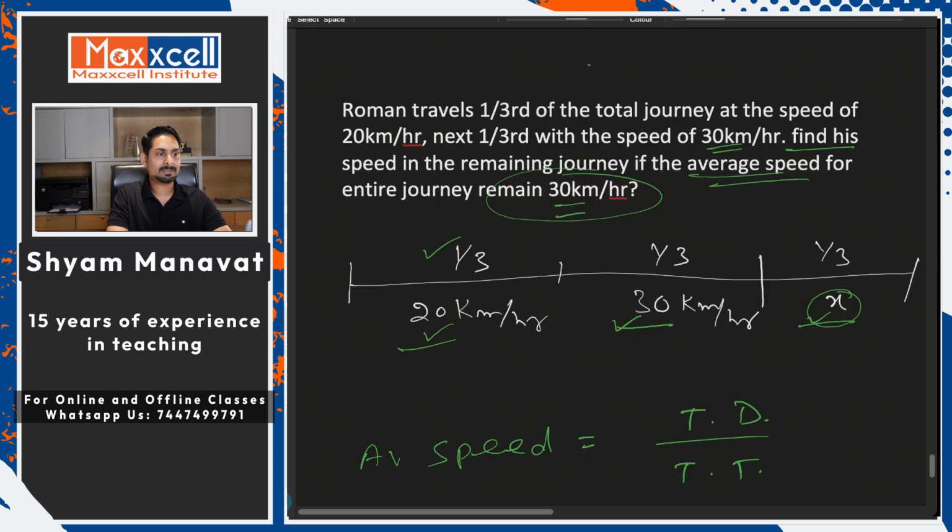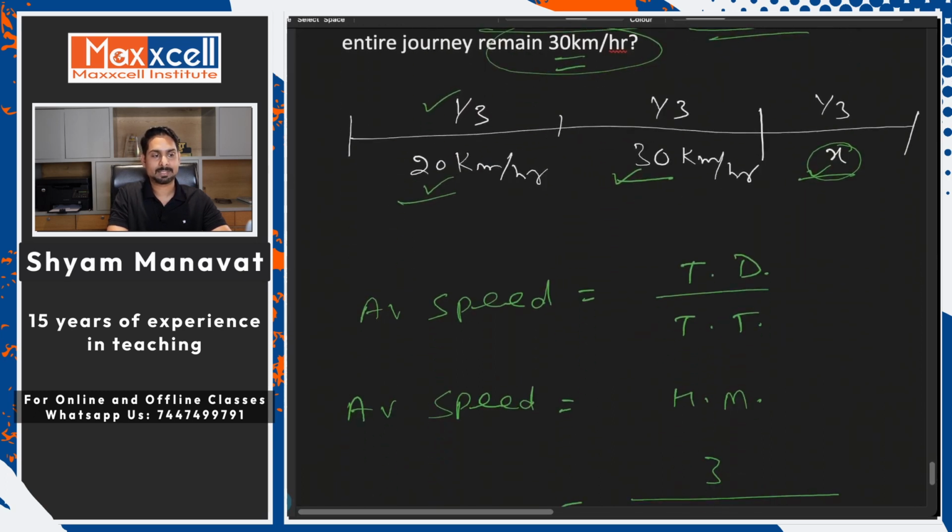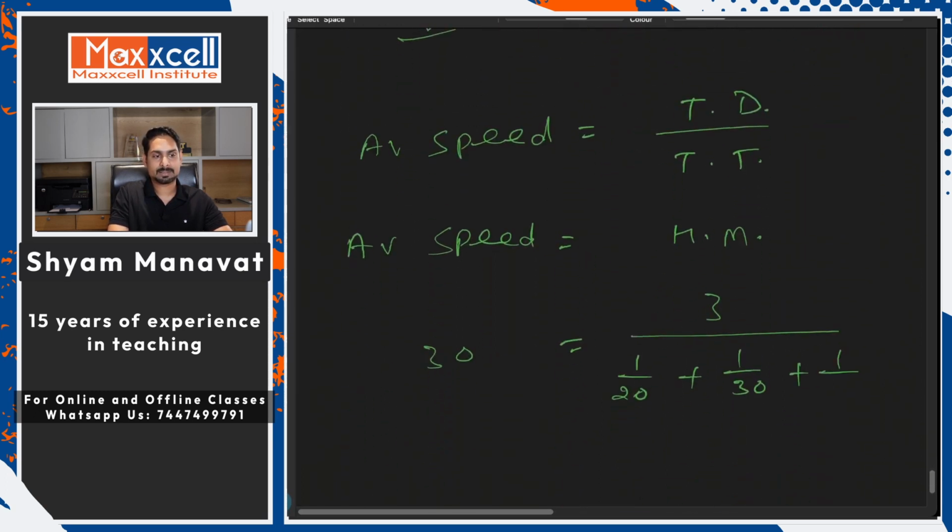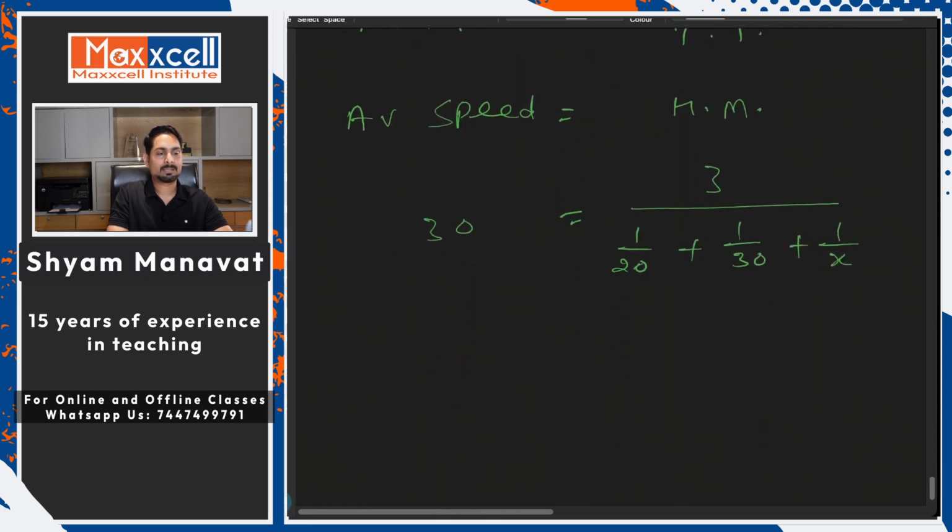Find his speed in the remaining journey. So x. Now just simplify this. Here we have the concept of speed. After this step is all about your skills to solve the equation.